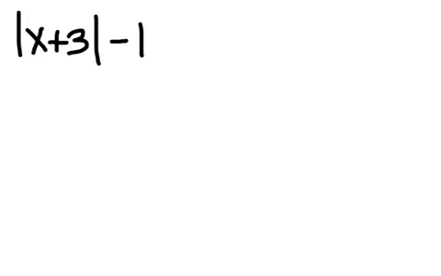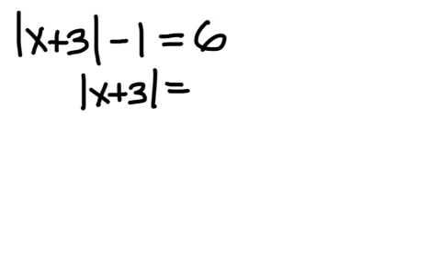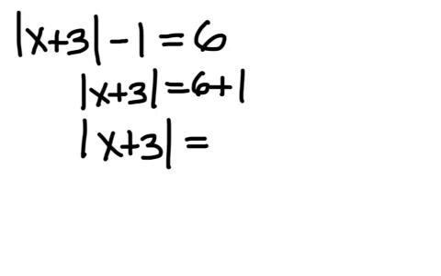The problem is the absolute value of x plus 3, close the absolute value, minus 1, equals 6. You have to get this into a form where it is the absolute value that's by itself. So we're going to move that minus 1 to the right and make it plus 1. That gives us a 7 on the right.